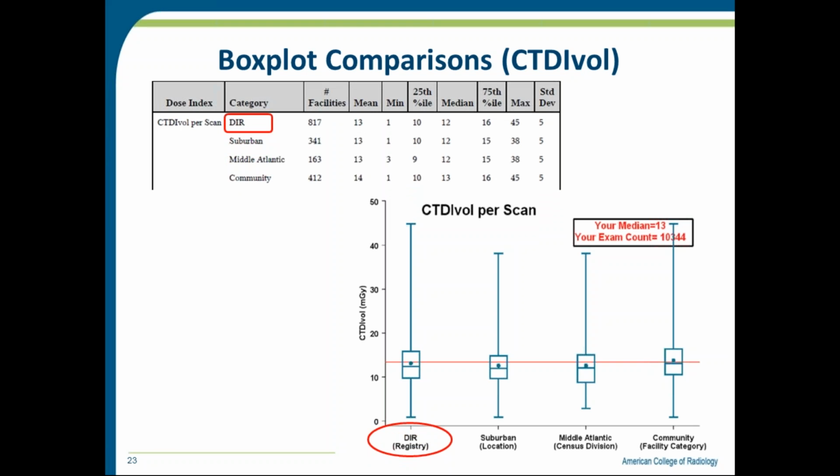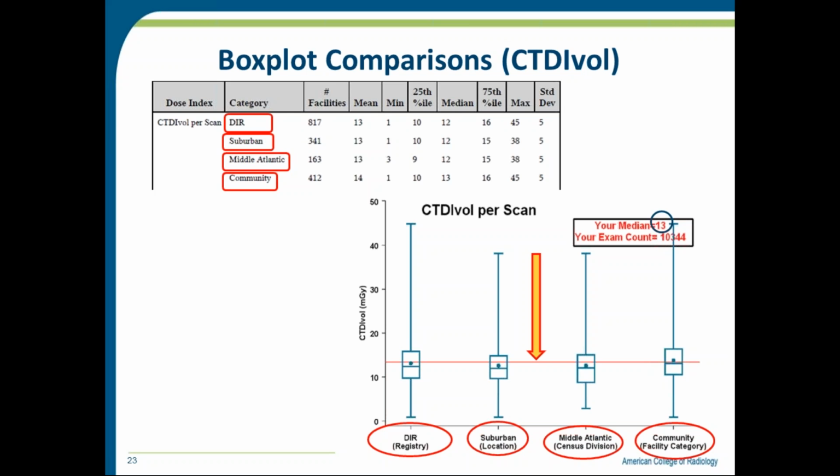It is representing the DIR registry, and the first line of the table is representing the same thing, the DIR registry level. The second box plot is referring to suburban location or location level comparison. Third box plot shows you the comparison for census division, and the fourth box plot for the type of the hospital. This is a community hospital.